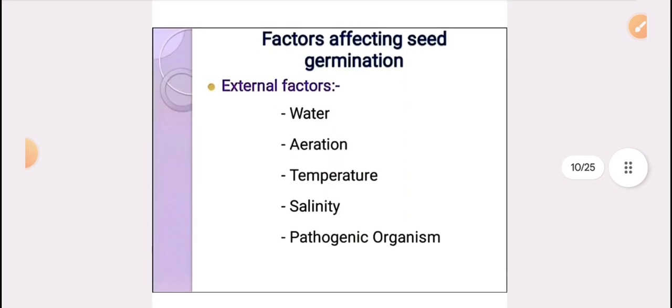Now, what are the factors that affect seed germination? There are several factors, external and internal. Among external factors, water, aeration, temperature, salinity, and pathogenic organisms affect seed germination in different ways.